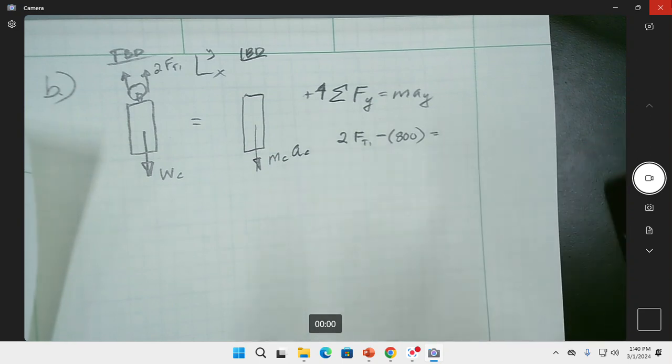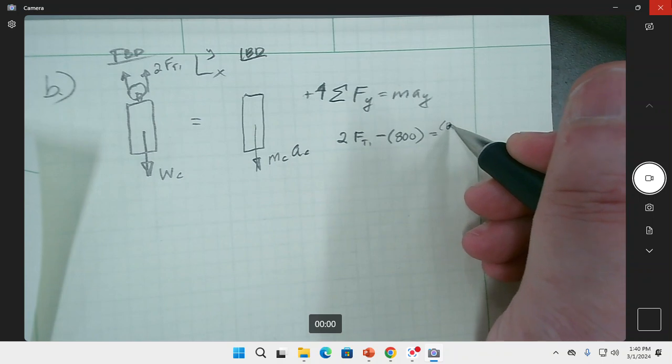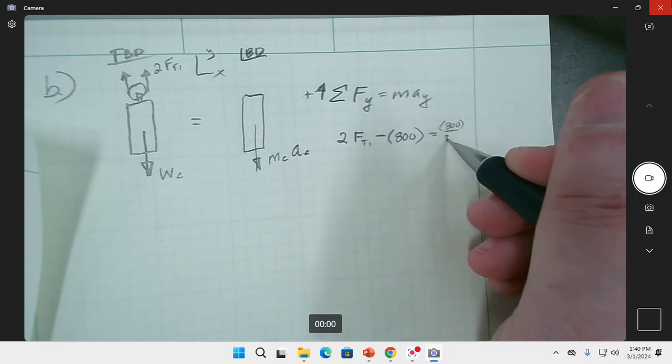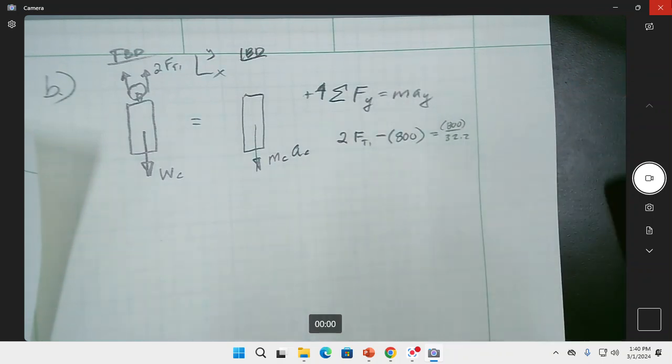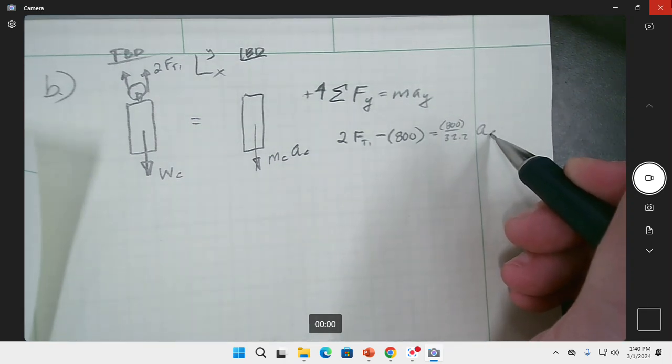Anytime you see mass and you're dealing with US units, just take it and divide by 32.2. Just get used to it, right? With US units, don't even need to write out what the slugs are someplace. Your professor may say to do it, but I'm not sure why. And then I'm going to write down the AC.